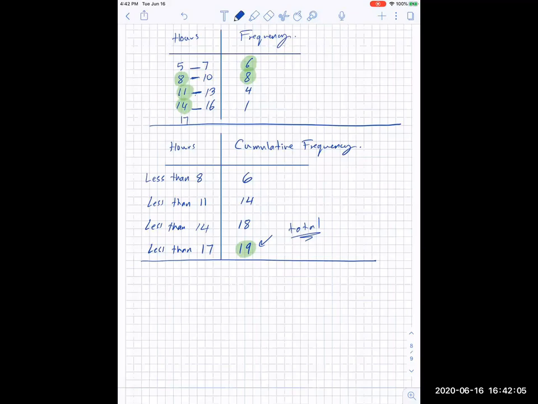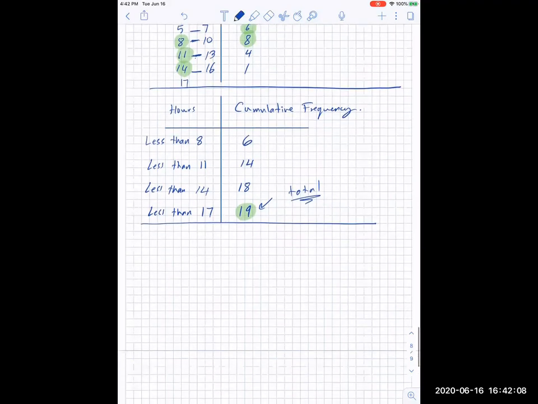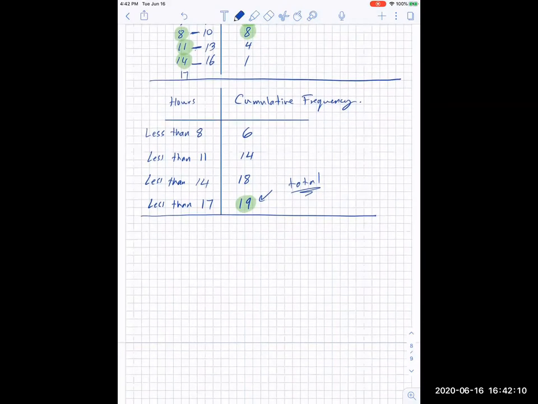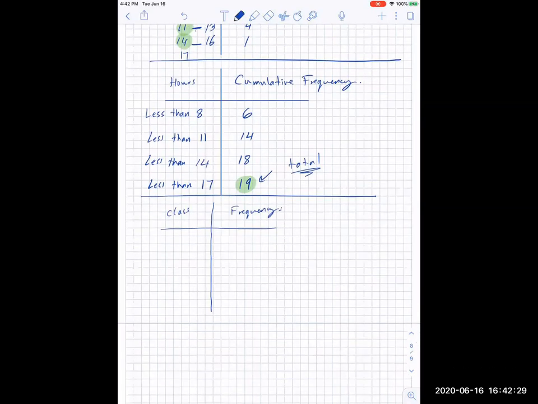Guys, I just want to emphasize one more thing before we conclude today. Those frequency tables that we're working on, 2 columns, class and frequency, are important because they give you an idea about the distribution of your data.